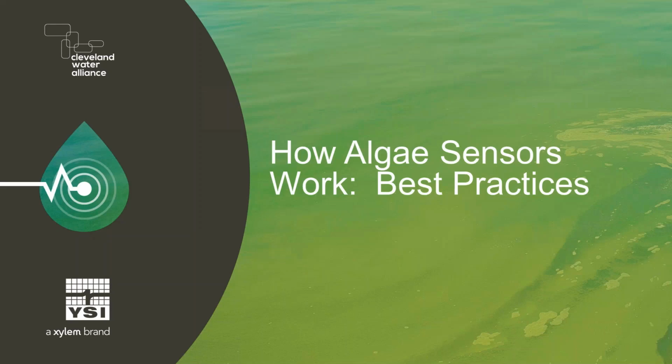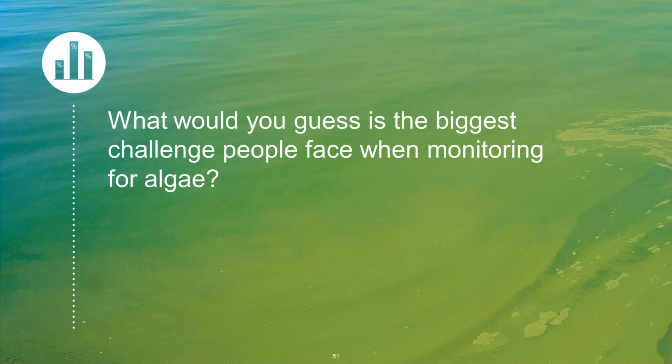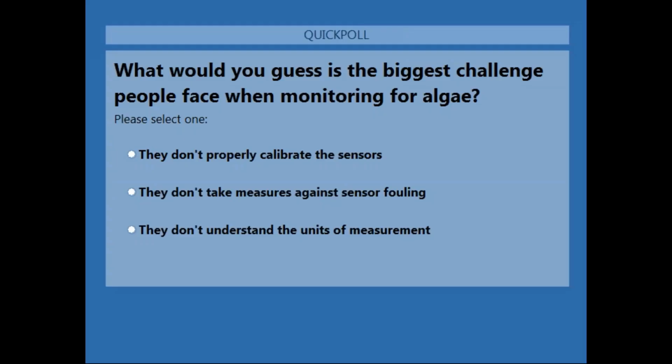So let's go ahead and start that part of the presentation about the best practices that one can use when working with algae sensors. I have a little bit of a pop quiz question for you here that I'm going to ask Nate to kick off. The question is, what do you think is the biggest challenge people face when they are monitoring for algae? I've given you 3 options here. You may have other ideas as well.